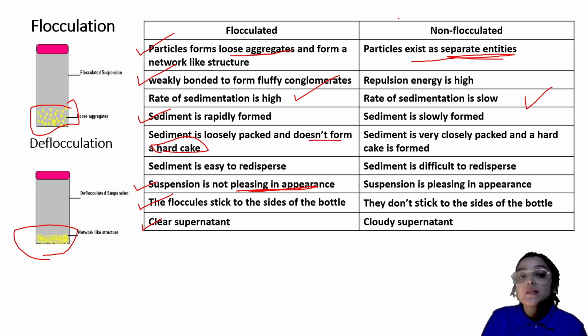The sediment was loosely packed with no hard cake formation in the flocculated ones, but in non-flocculated ones the particles are closely packed, so there is a hard cake formation which is difficult to redisperse, whereas the flocculated ones were easier to redisperse but not pleasant in appearance. The non-flocculated suspension is pleasing in appearance and has a cloudy supernatant.